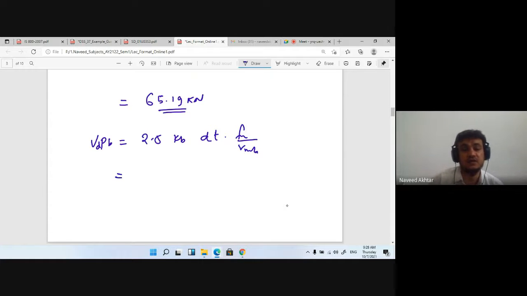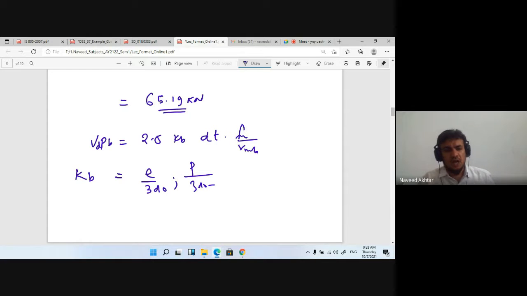So you have to find the value of KB. KB is equal to E upon 3D0, E upon 3D0 minus 0.25.